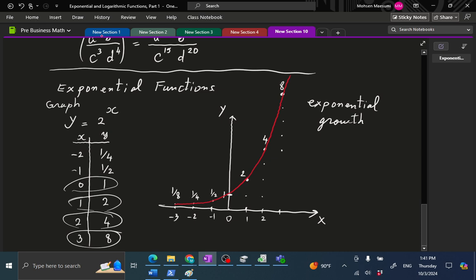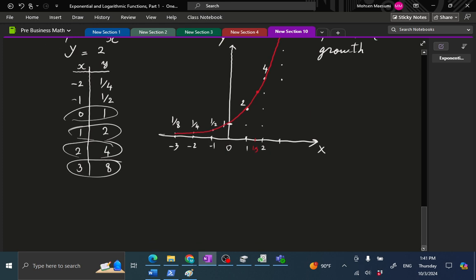So for example, at 1/2, where are we going to be? That's going to be here. 2 to the power of 1/2. What does that mean? We are going to explain the meaning of that. It can be explained like everything else.